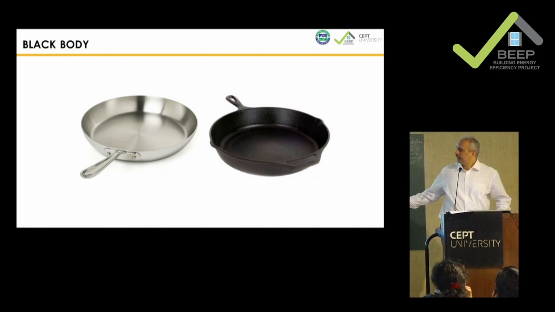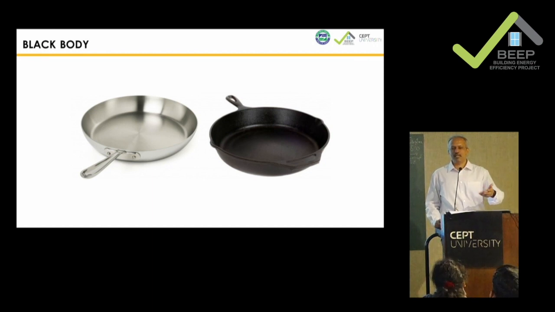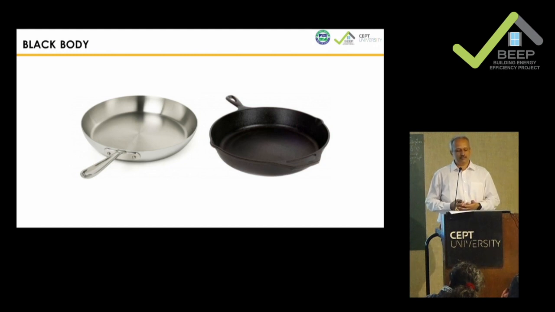They are more effective primarily because on a gas plate, the flame, and through the conduction, the amount of heat transfer that takes place on the non-stick pan is much higher, and that's where the black body comes in the picture.